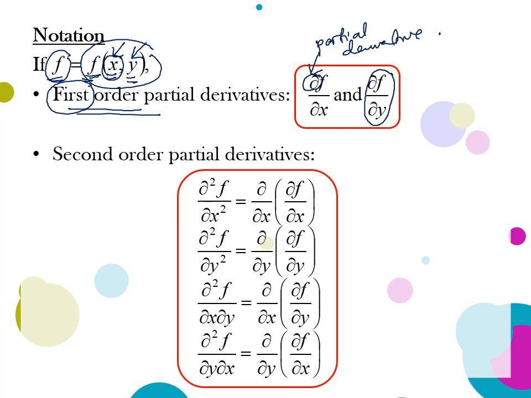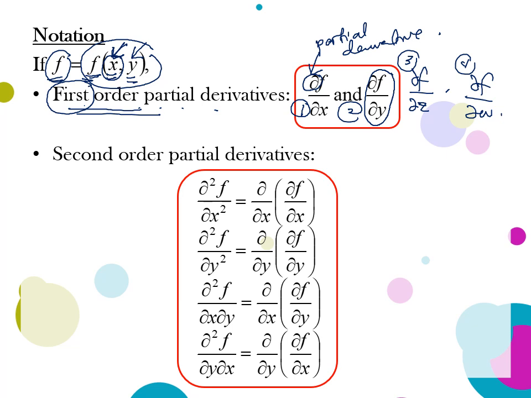Since we only have two variables here, x and y, we will have only two first order partial derivatives. The first one with respect to x, the second one with respect to y. If we have more, for example x, y, z, and w, we will have two additional first order derivatives, which are del f over del z and del f over del w.